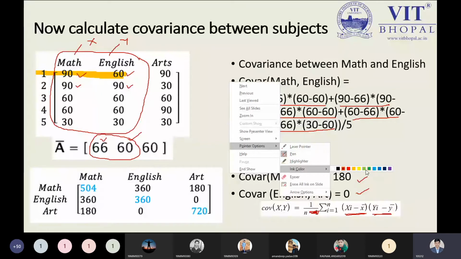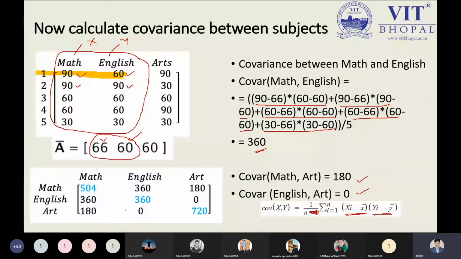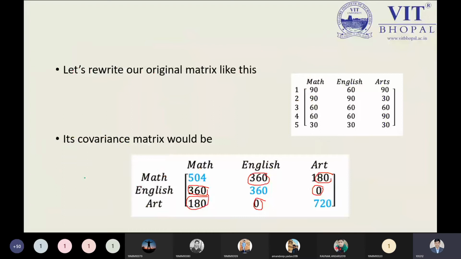I'm choosing different colors right now. You can observe here the covariance matrix, as we have noted down. This is the solution of the covariance matrix.